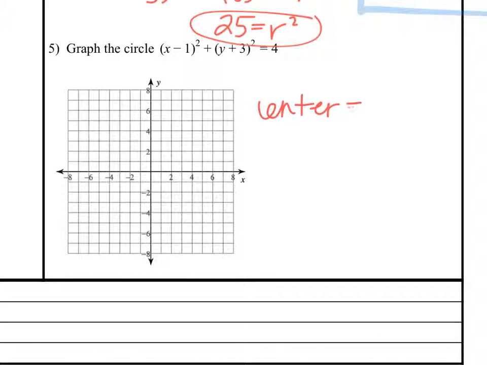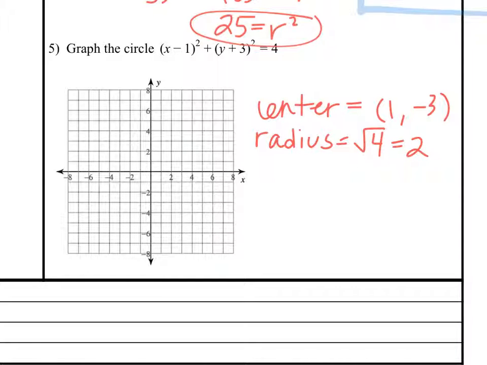Positive 1, negative 3. Change the signs. Okay. The radius squared is equal to 4. The radius is not 4. How do I figure out the radius again? Square root. So the square root of 4, positive 2.